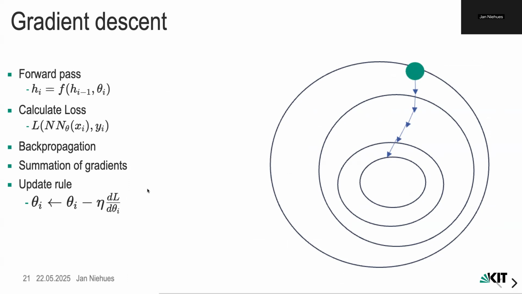And yeah, so this is the overall algorithm that you have to do. Always you have to do these steps, meaning we start with a forward pass, then we calculate the loss, then we do the backpropagation, then we sum up our gradients, then we apply our update rule, and then we have new weights, and then we can start over again.